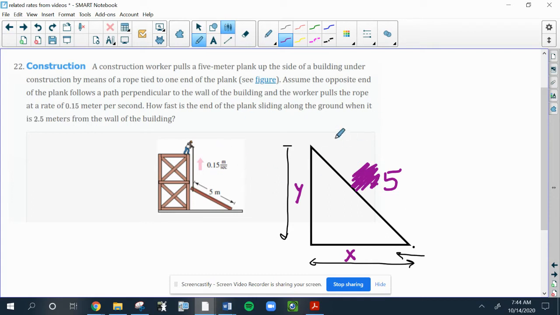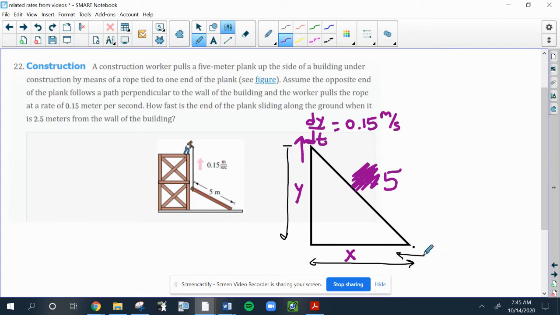So let's start identifying everything. This is going to be dy/dt because it's how y is changing. And they tell us it's changing at 0.15 meters per second. That's a rate, meters per second. So it is dy/dt. Okay, so how fast is the end of the plank sliding?